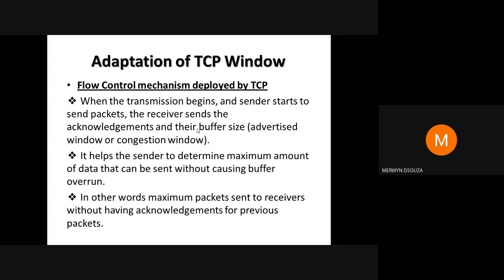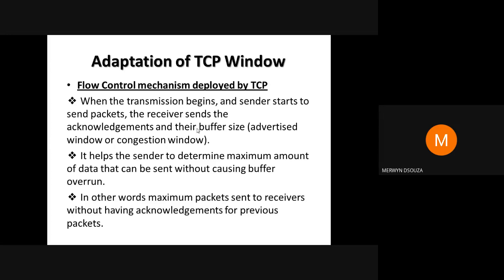In the sliding window protocol, the sender and the receiver first determine something known as a congestion window, and the congestion window is nothing but the size of the receiver's buffer.